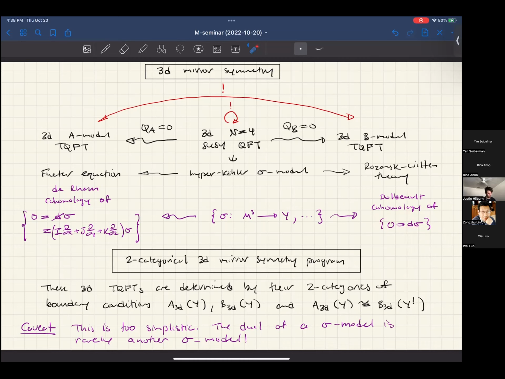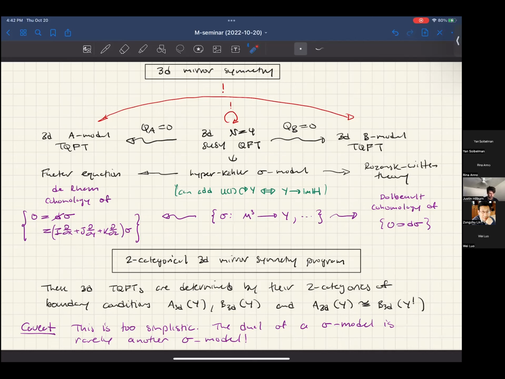But as I just mentioned, basically this is going to end up being too simple of a formulation. There are almost no cases where sigma models are dual to other sigma models. So you're basically going to be forced to consider gauge theories and massive things, unfortunately. So this won't be quite as nice as mirror symmetry.